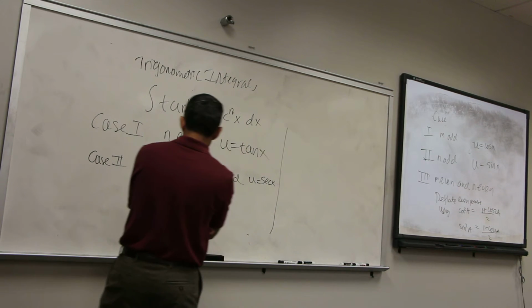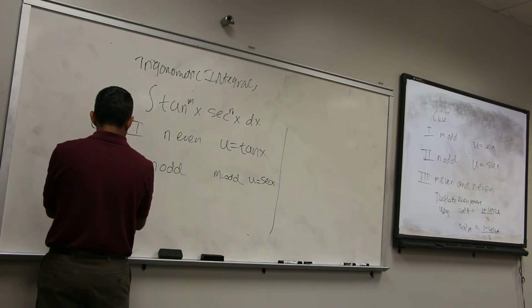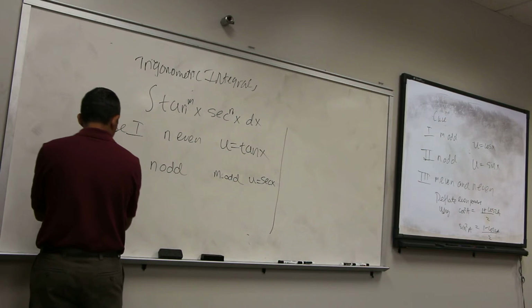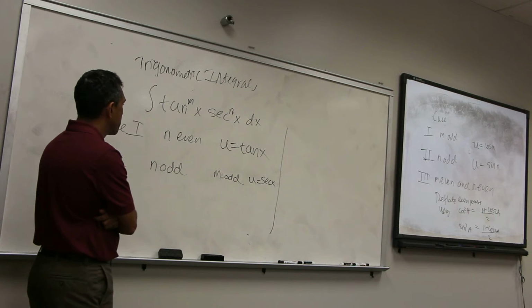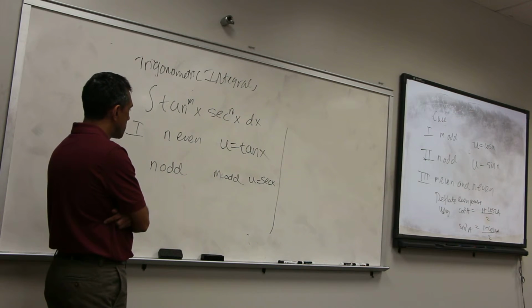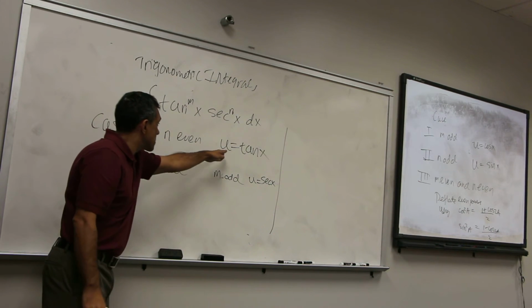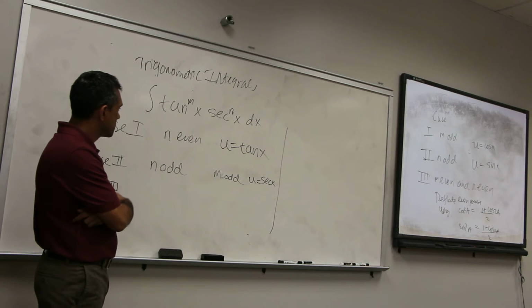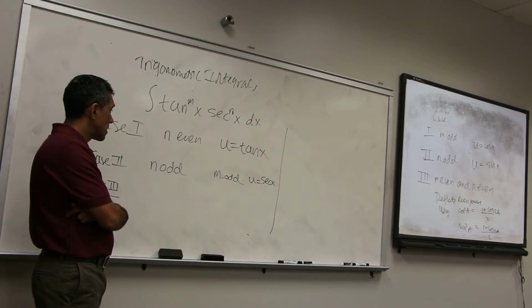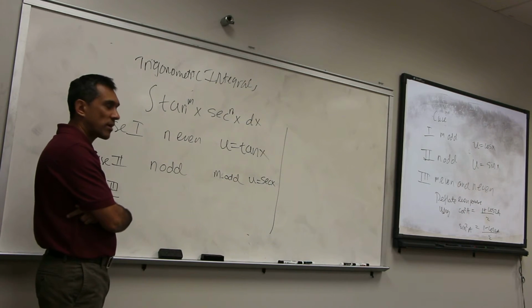The third case is what, Mr. Breda? Let's see, m is even. Huh? M is even. Well, it could be here. Both are even. What is the case we have not considered?